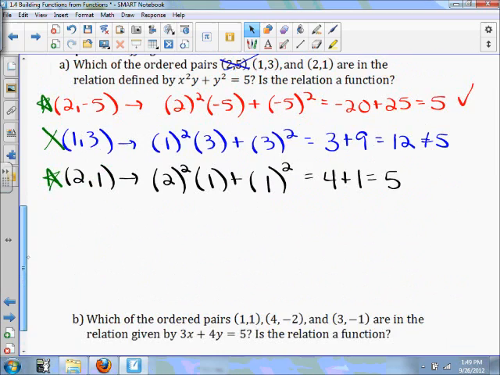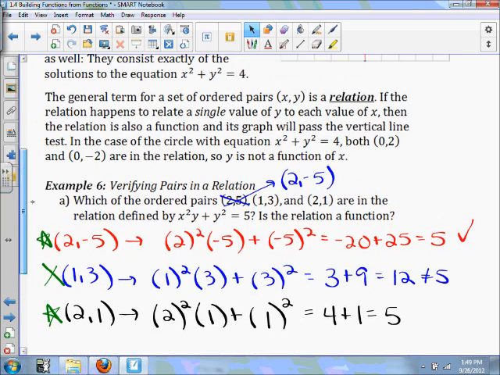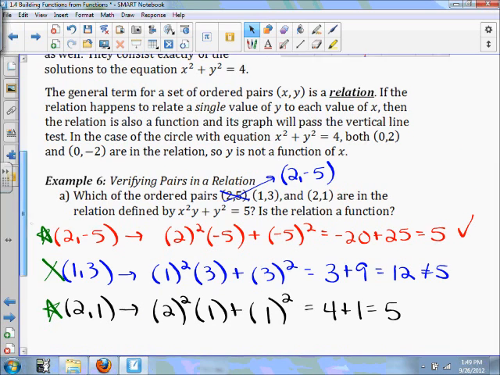Now, is this relation a function? Well, according to the definition, in order to be a function, it relates a single value of y to each value of x.